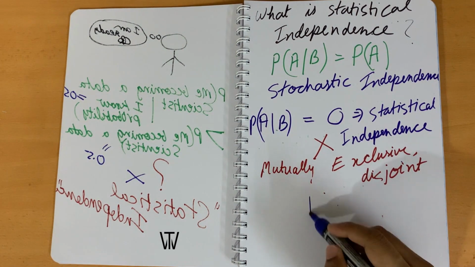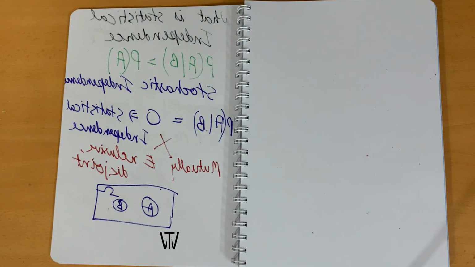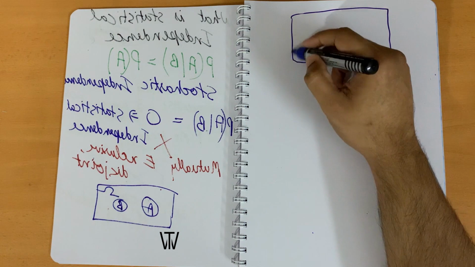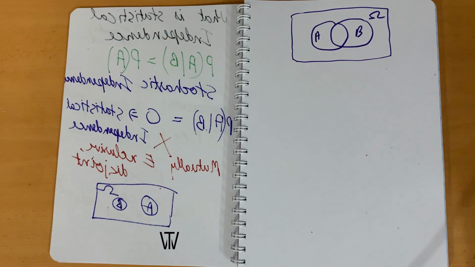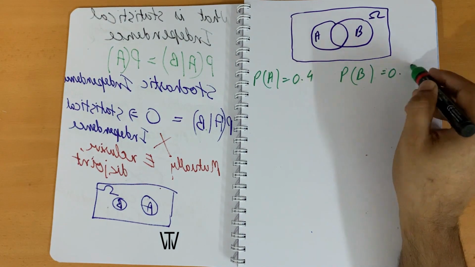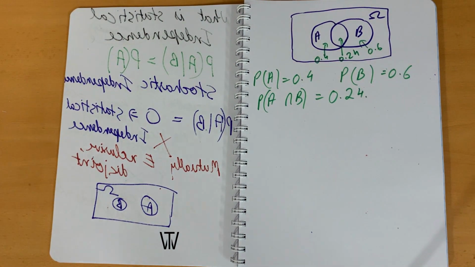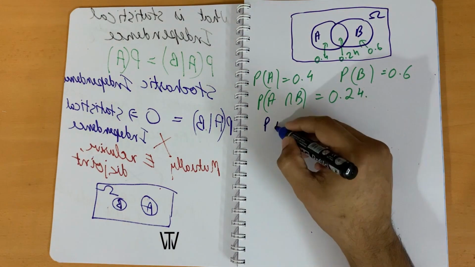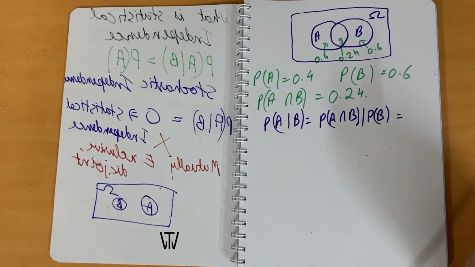Let us understand from the Venn diagram. Suppose P of A equals 0.4 and P of B equals 0.6 and P of A intersection B equals 0.24. What is P of A given B? It is P of A intersection B by P of B, that equals 0.24 by 0.6, that equals 0.4.